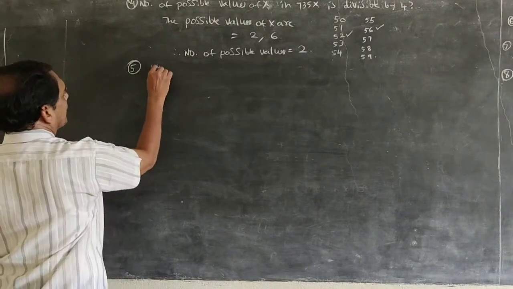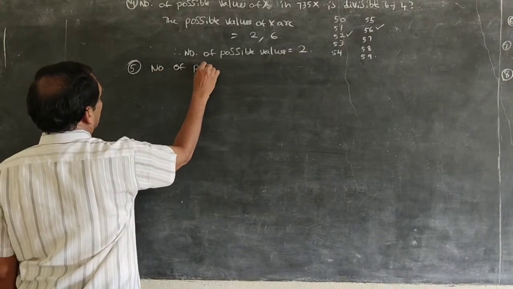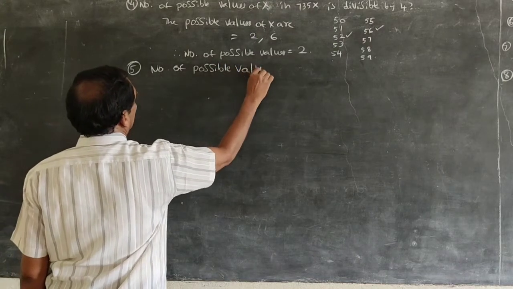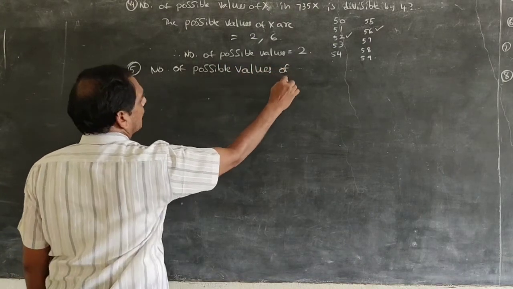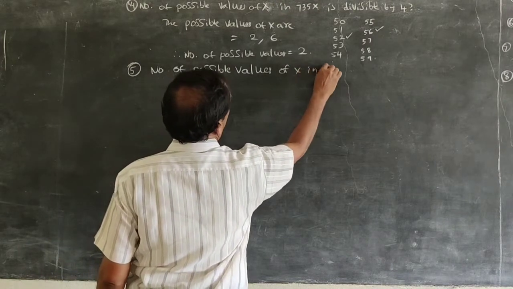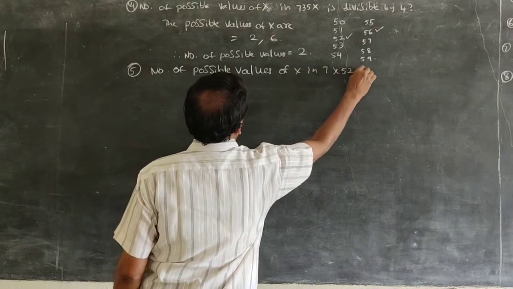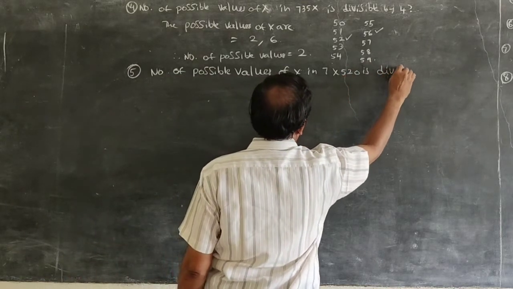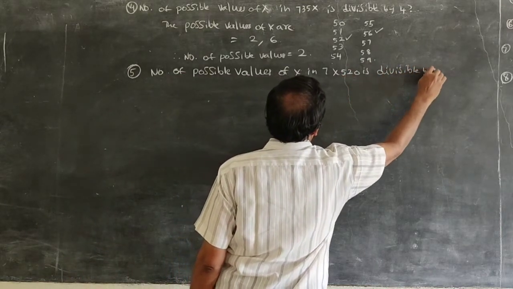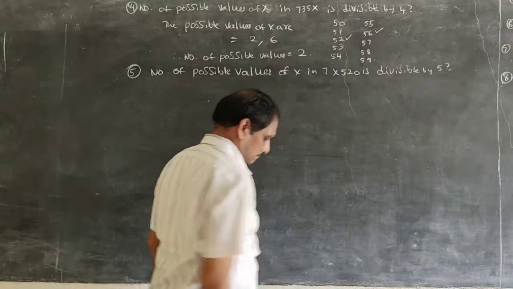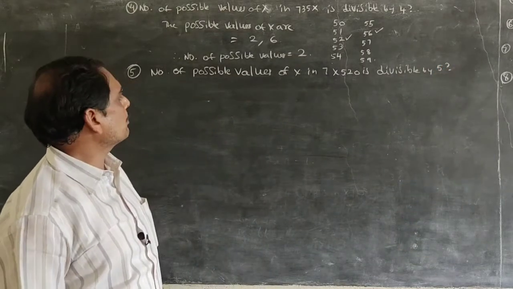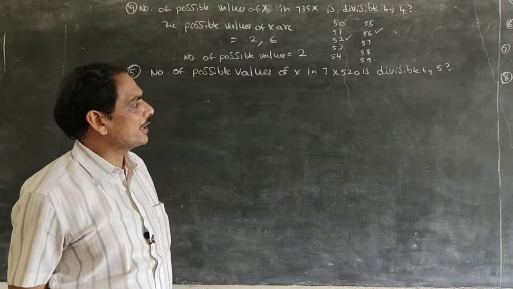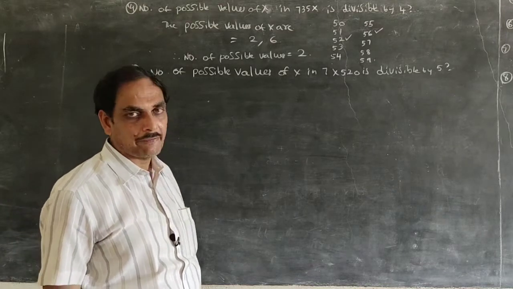Number of possible values of x in 7x520 is divisible by 5. So here, find the number of possible values of x in 7x520 is divisible by 5.